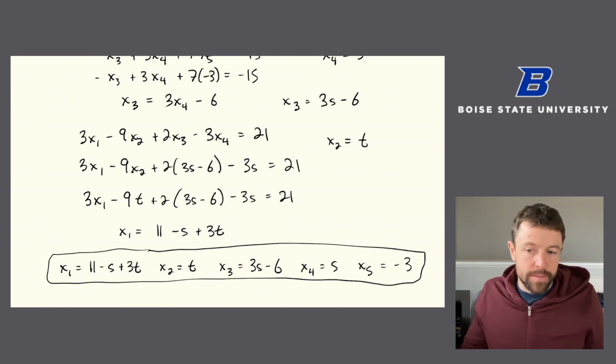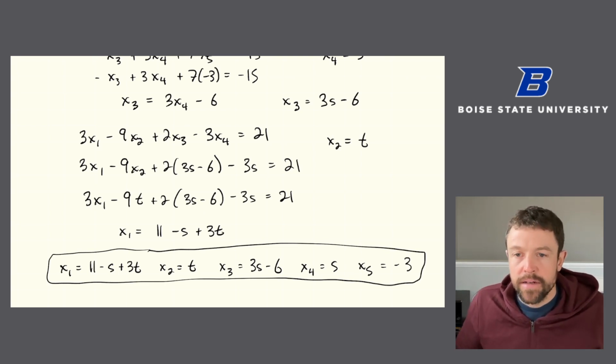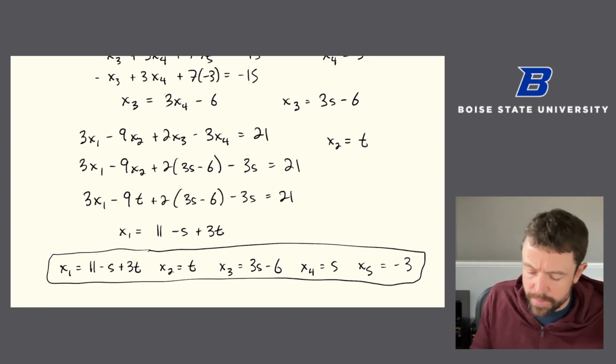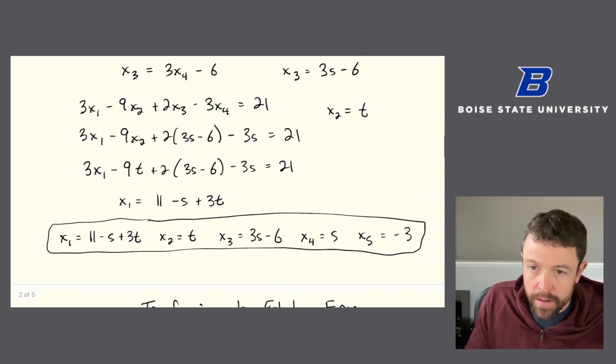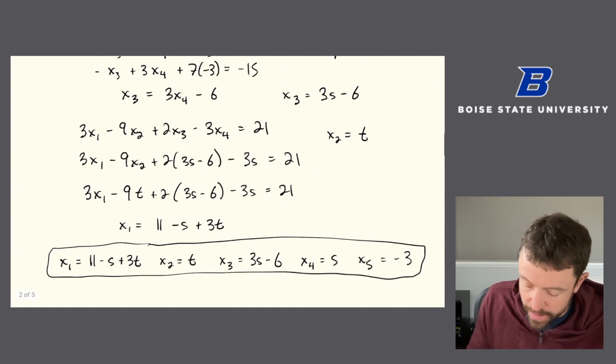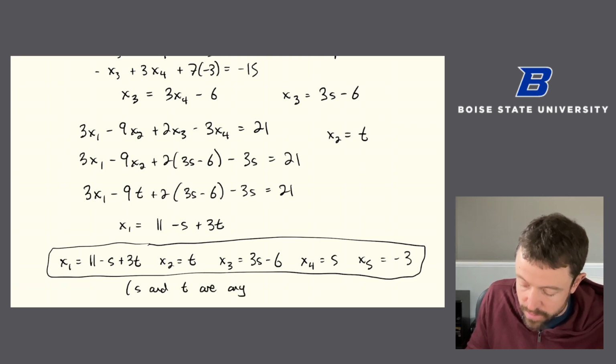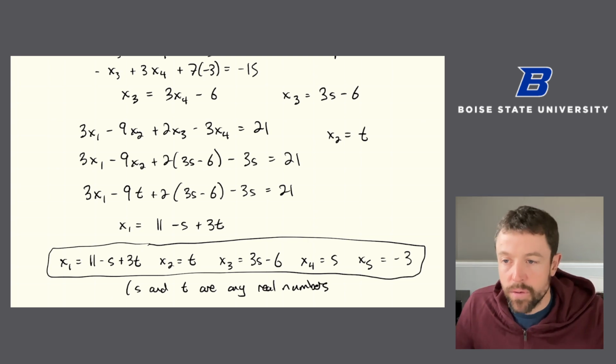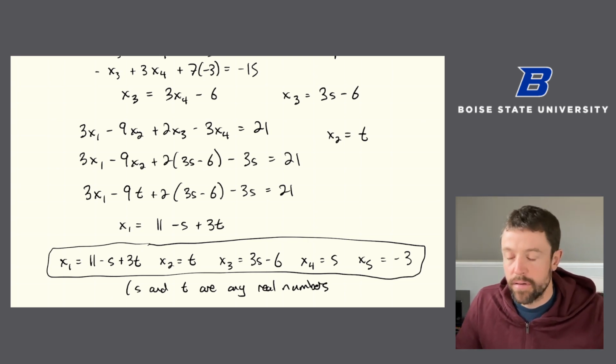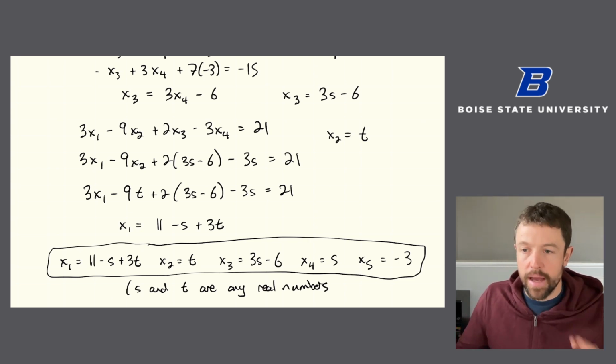And this may seem unsatisfying, right? We've solved our system here, and I guess I can make a note. So s and t are any real numbers. I could set s equal to 1 and t equal to 3.7, and that would give me a solution.